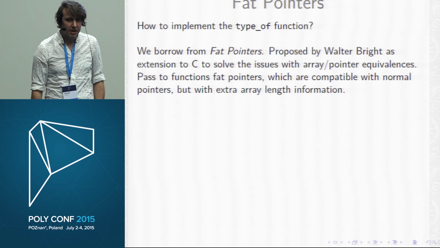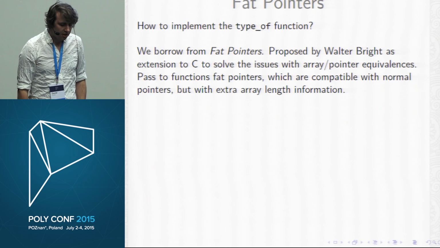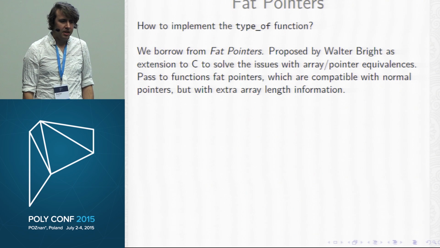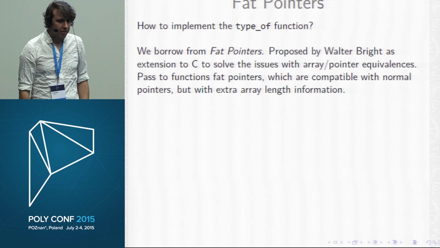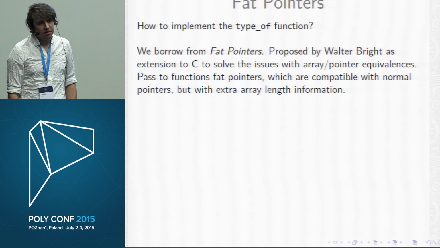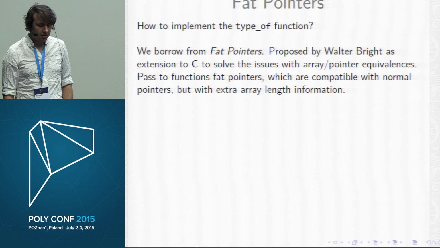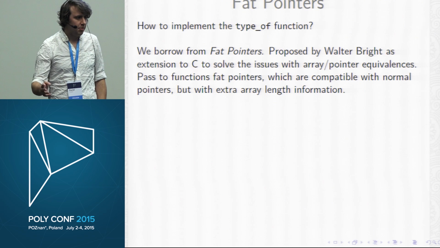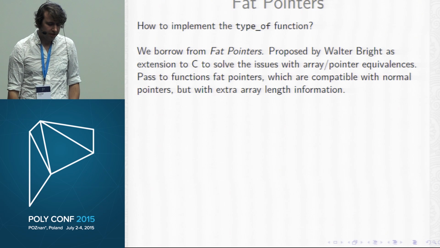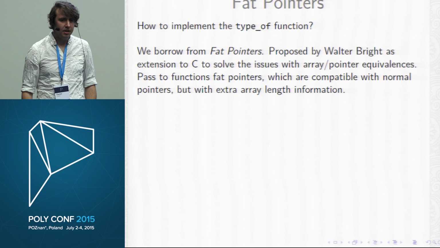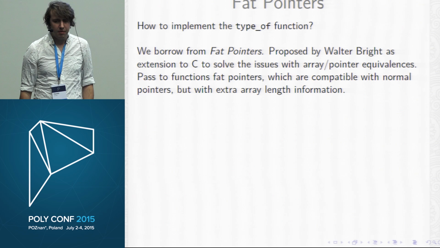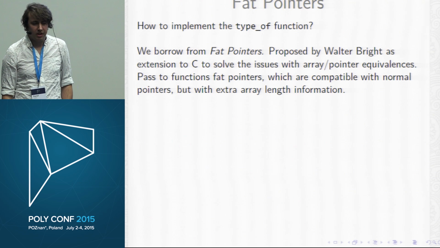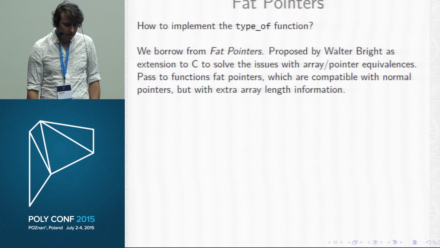So the proposal was that you can add a new type of pointer to C, which is called a fat pointer. A fat pointer is compatible with a normal pointer. If a function just expects a normal pointer, the fat pointer just becomes one. But if the function expects a fat pointer, then it's passed that. The fat pointer also contains extra information, like how many items are in the array, for example.